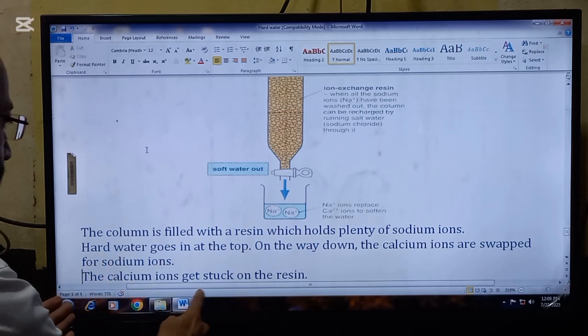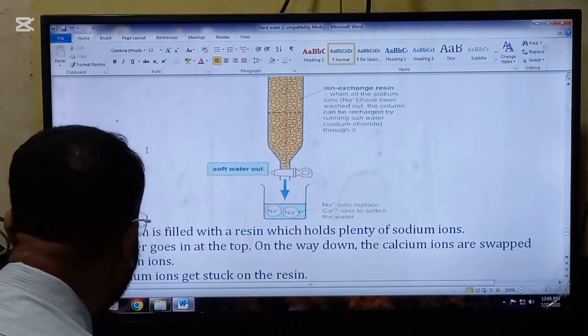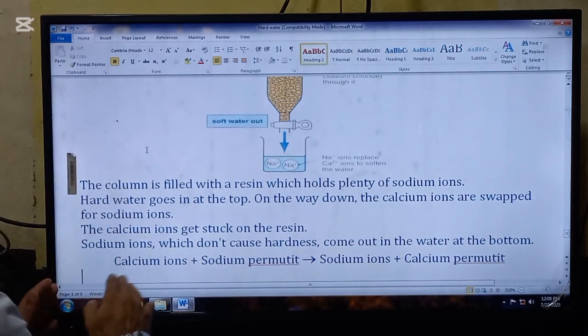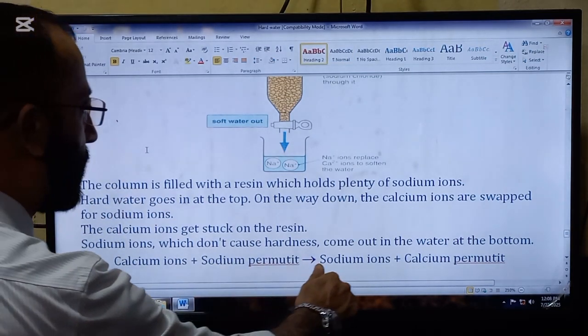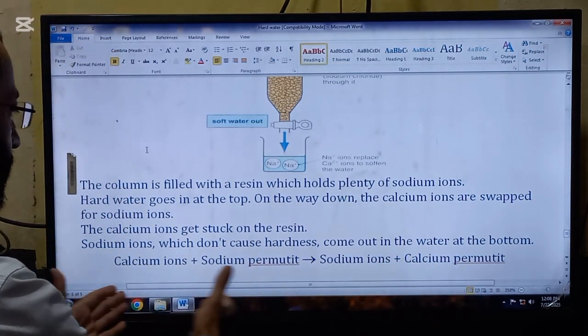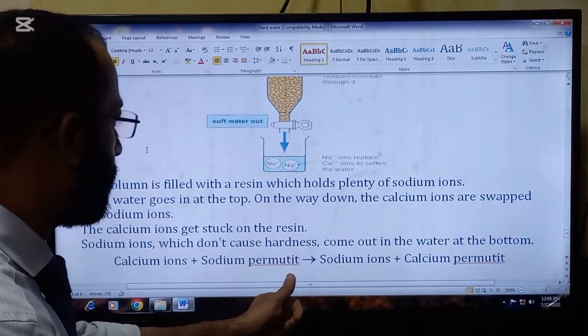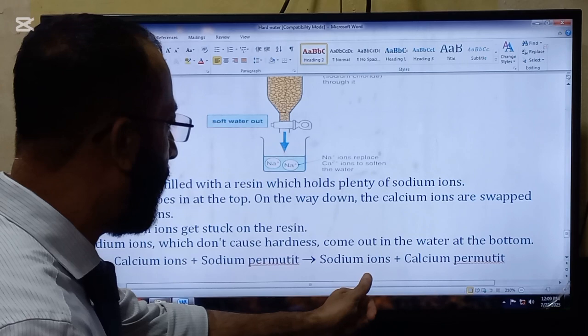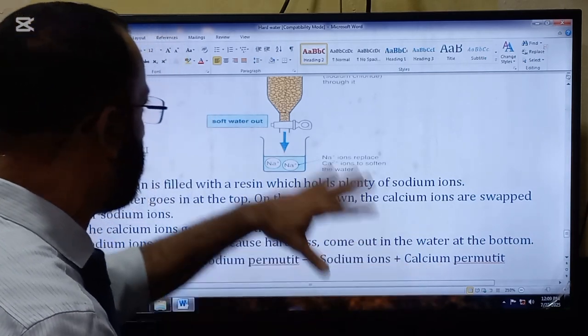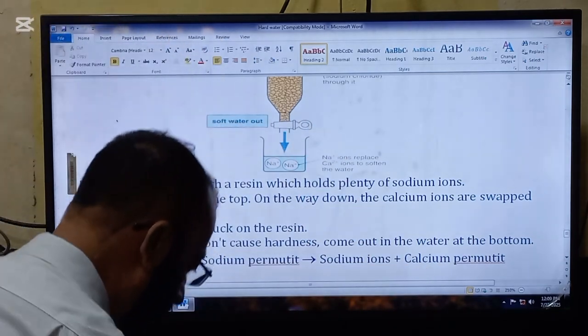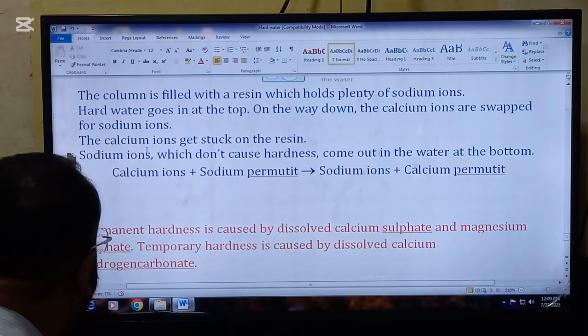The calcium ions get stuck on the resin, and sodium ions, which don't cause hardness, come out in the water at the bottom. And here is the reaction. Calcium ions plus sodium permutit becomes sodium ions plus calcium permutit. So calcium ions get stuck in the resin.